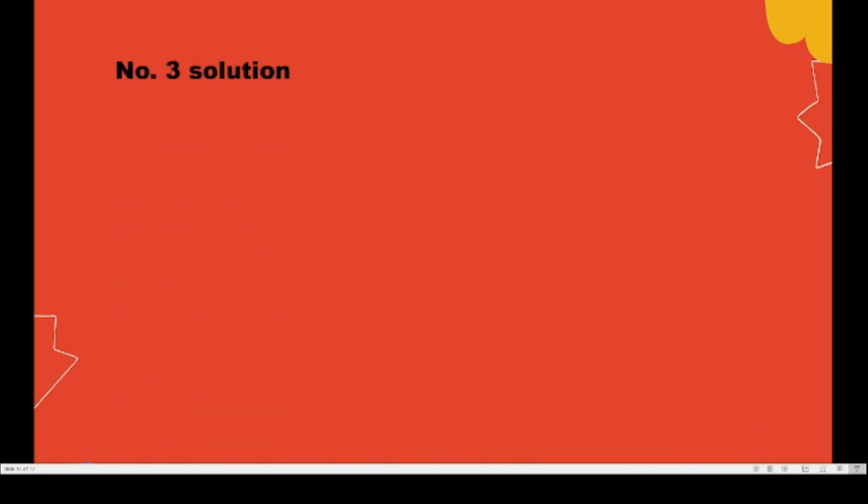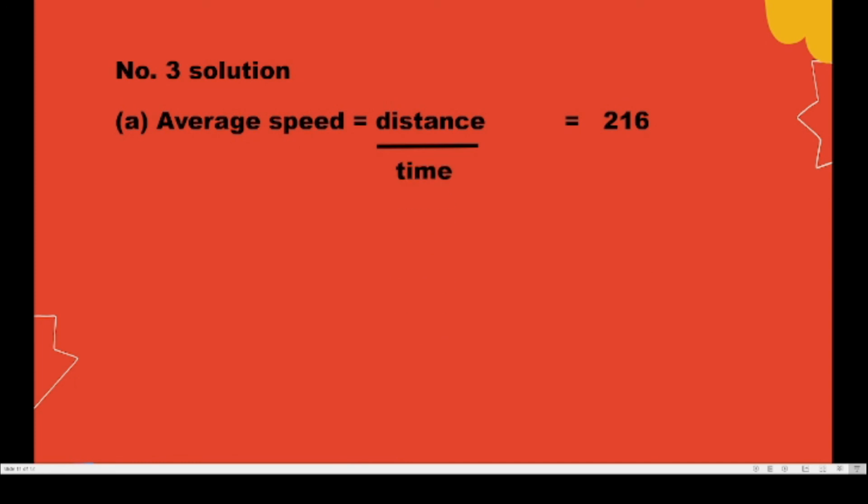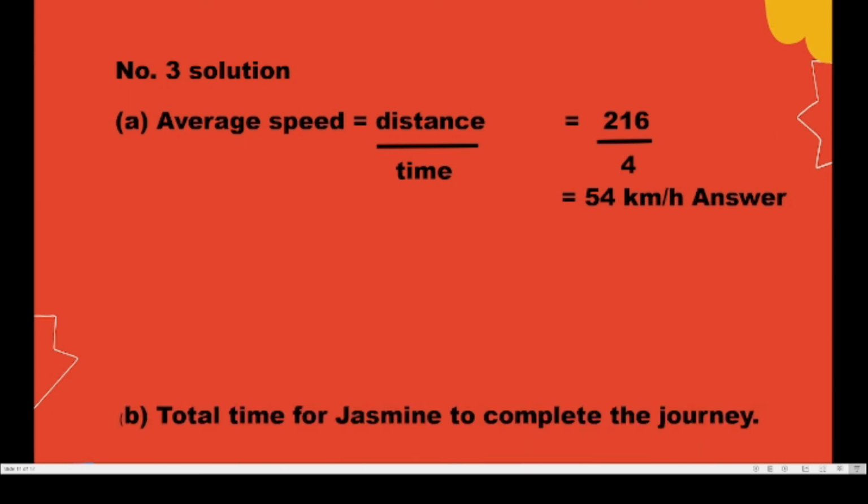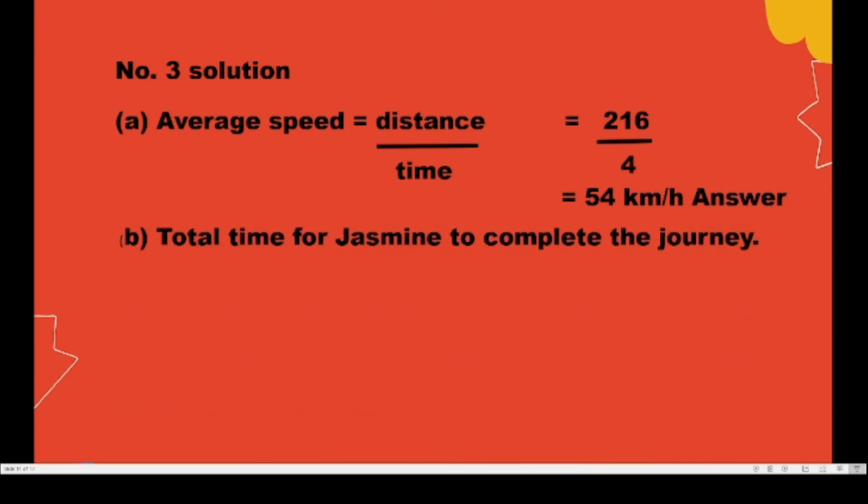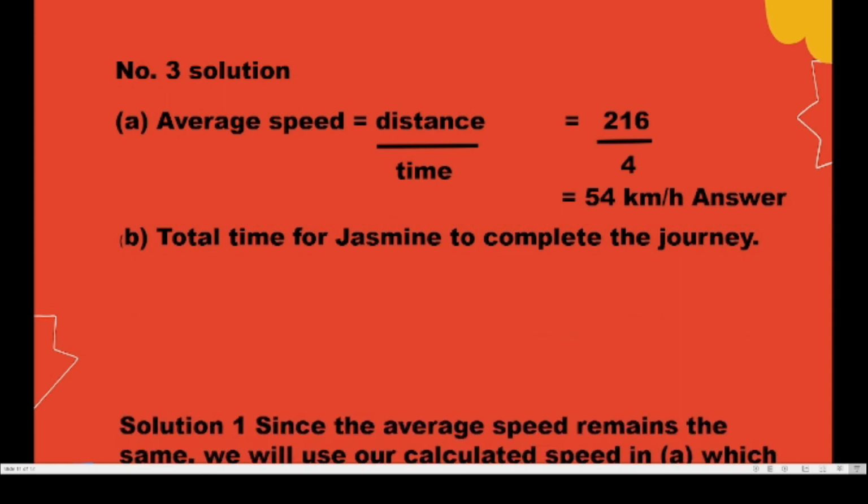Take a look at number 3 solution. Average speed is equal to distance over time. For our distance, we have 216 and our time is 4. So the answer is 54 km per hour. And that's our answer for letter A. Letter B, total time for Jasmine to complete the journey.